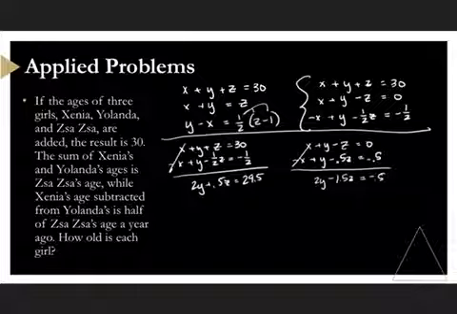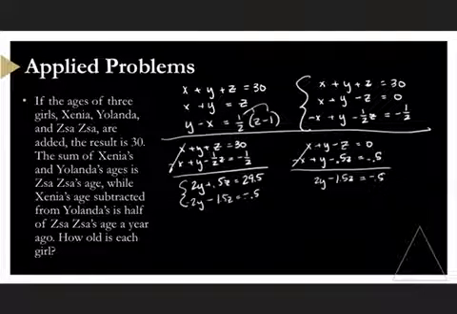Okay, so now I've got two new equations, and I need to make them a new system. Negative 0.5. Okay. And the y's look like they're going to cancel. All I have to do is multiply one of them by negative 1, which basically just changes all of the signs.